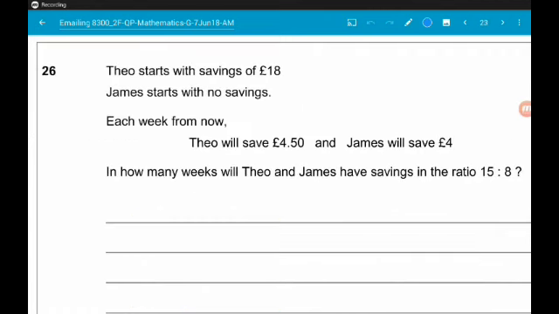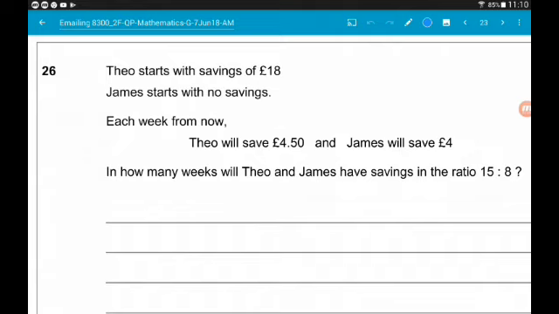Okay, question 26. So Theo has savings of £18, James has savings of £0. He has no savings. Each week from now, Theo will save £4.50 and James will save £4. We want to work out in how many weeks Theo and James will have savings in the ratio 15 to 8.